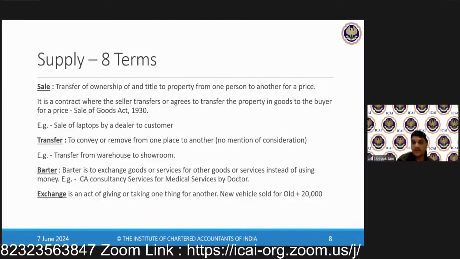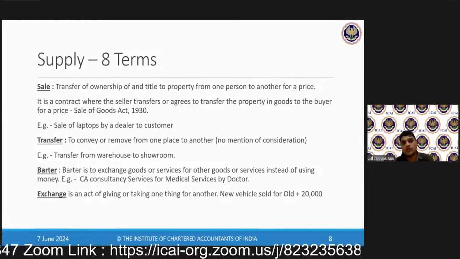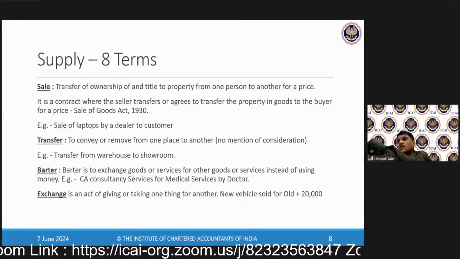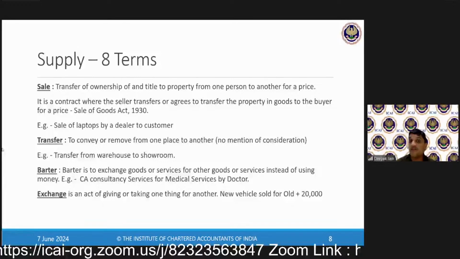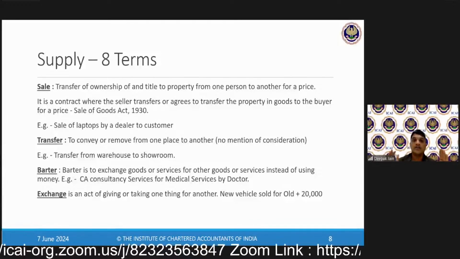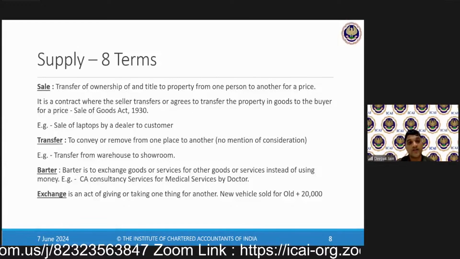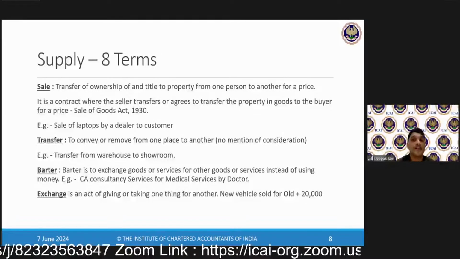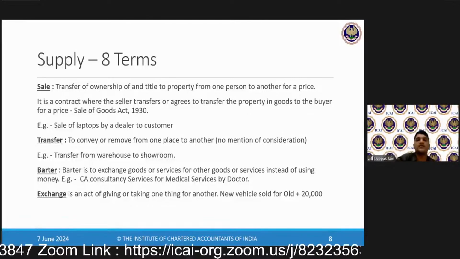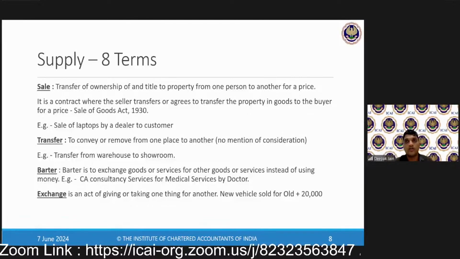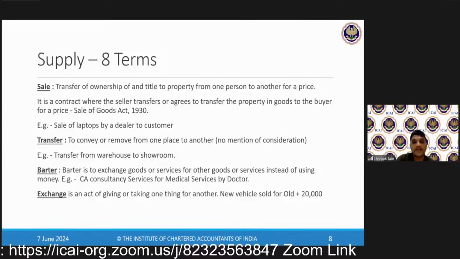This is your branch wherein your warehouse is there, and this is another branch where you have a showroom. So then how can GST be applicable on this? It will be applicable if they are in different states, or if they are within the state, but they have taken two separate registrations. So these are all examples of transfer. So stock transfer between one branch to another, transfer from warehouse to godown, warehouse to showroom. These are all examples of transfers.